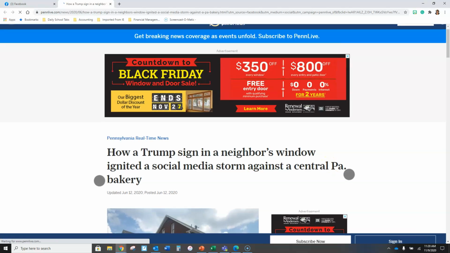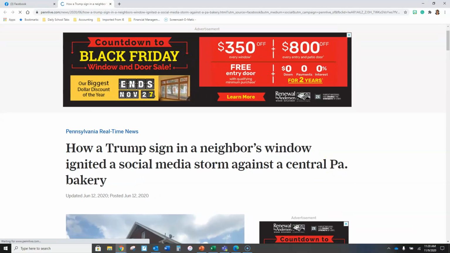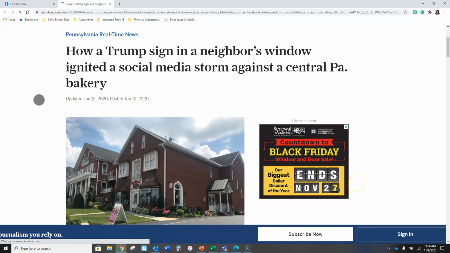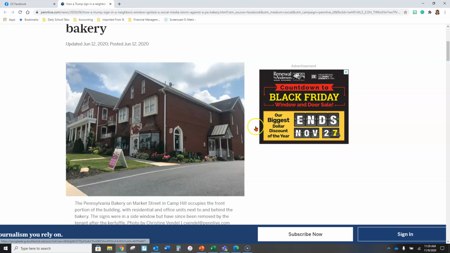If you look at this headline, how a Trump sign in a neighbor's window ignited a social media storm against a Central PA bakery. What happened was, this is the PA bakery right here. Right next door, there are apartment buildings, and it looks like they are owned by or made by the person that made this building.